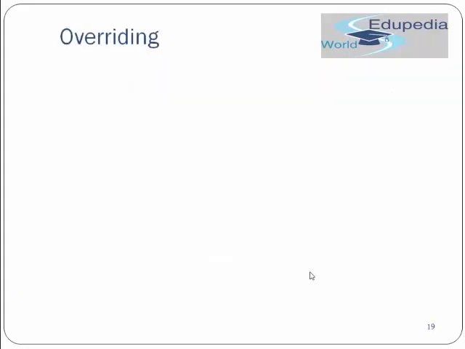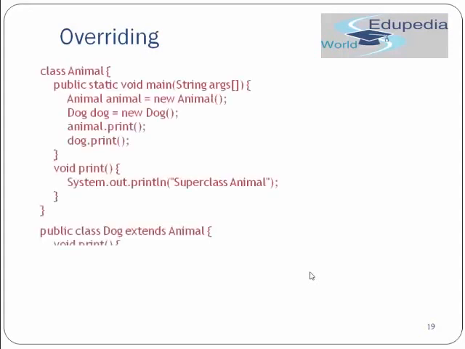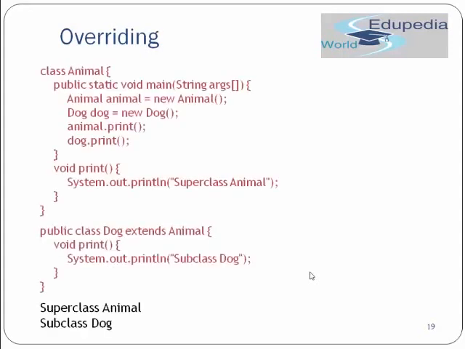So far we have already seen what overloading and shadowing are. Now let's see what overriding is. This is an example of overriding. We have a class Animal with a main method, and we create an object of class Animal.